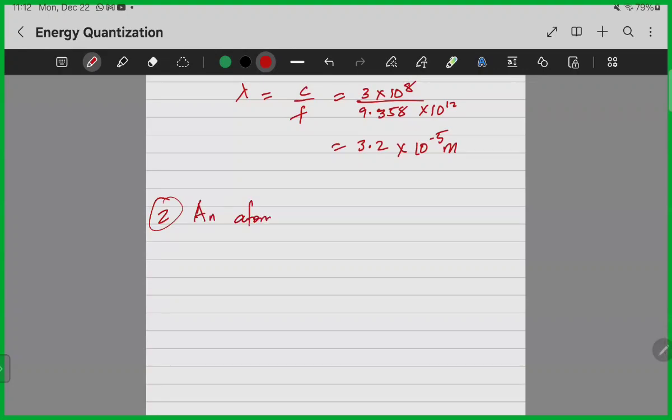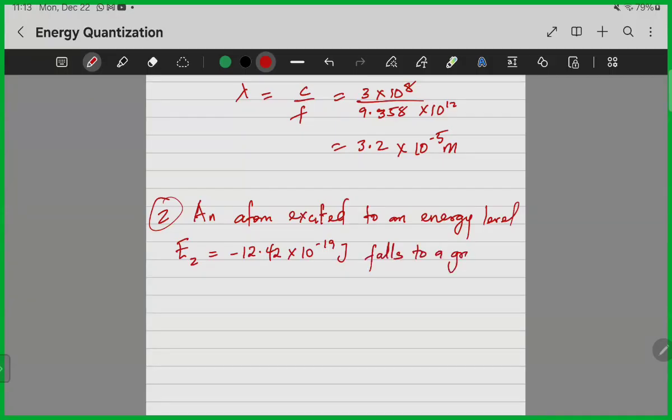An atom excited to an energy level E2 equal to minus 12.42 times 10 raised to minus 19 joule falls to a ground level of energy E naught equal to minus 30.3 times 10 raised to minus 19 joule.